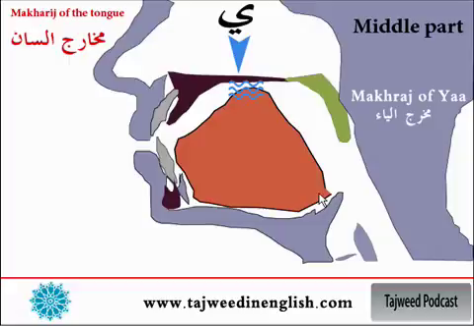So if you say ya, ayyuha, yu'minu, the ya is pronounced by giving a little bit of a gap. It's not like the jim, it is not like the qaf, but this gap also has a name, the rakhawa, where the air flows within the cavity between the roof of the mouth and the tongue, in the middle part of the mouth. So you say ya, you, ye. It's pronounced like this.